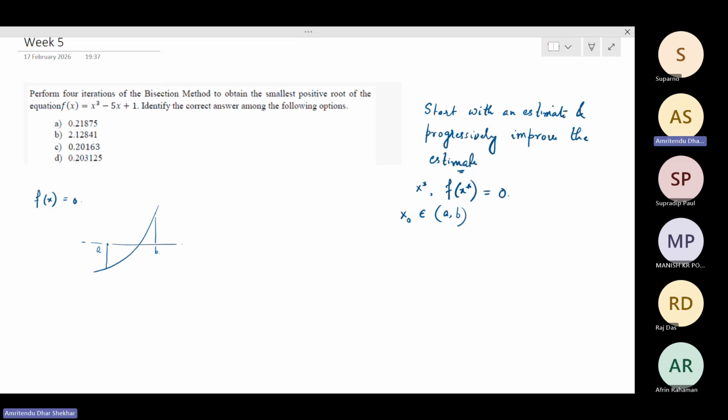Now the general schema is basically like this. From x naught, you compute, and this is basically the algorithm for computing the subsequent estimates.